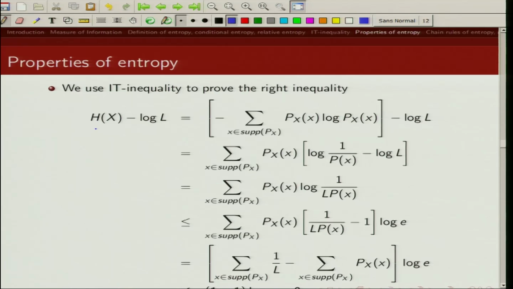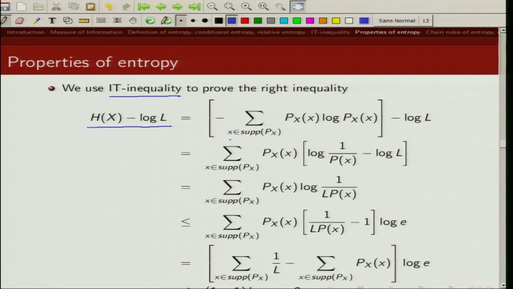We have to show that H of X is less than or equal to log of L. In other words, if we can show that this quantity H of X minus log of L is less than or equal to 0, then we would have shown that H of X is less than or equal to log of L. And to prove this result, we are going to make use of the IT inequality, which we just proved, that log of r is less than or equal to r minus 1, multiplied by log of e. So let's look at the proof.